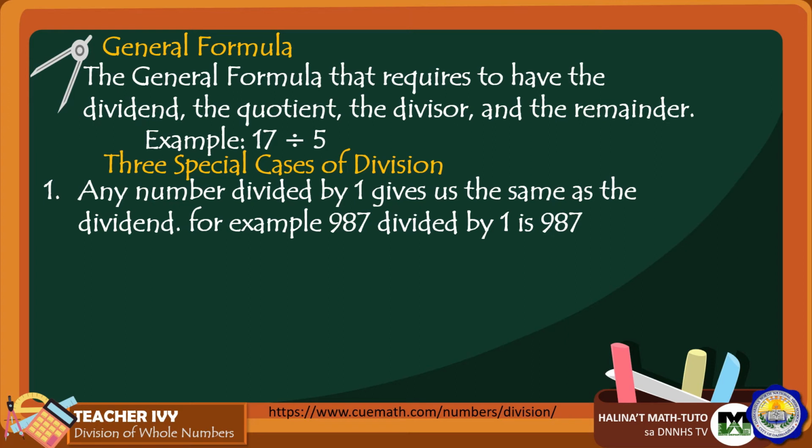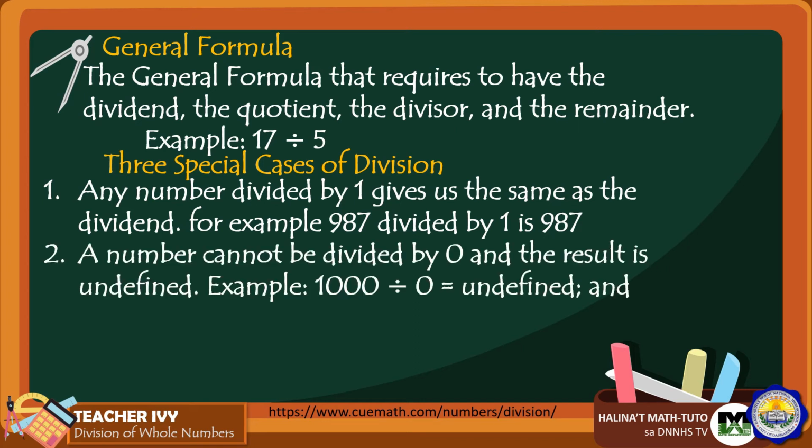Any number divided by 1 gives us the same as the dividend. For example, 987 divided by 1 is 987. Number 2. A number cannot be divided by 0 and the result is undefined.